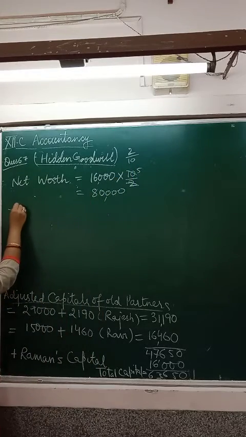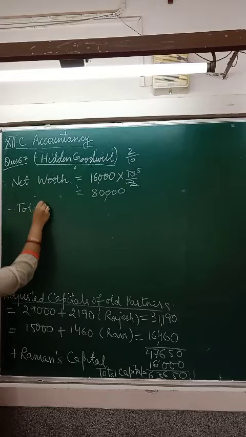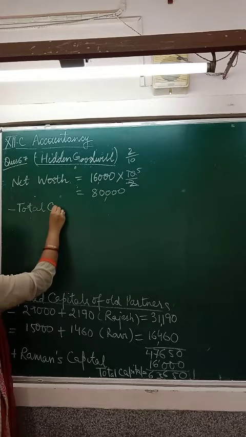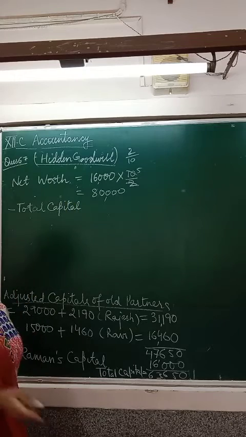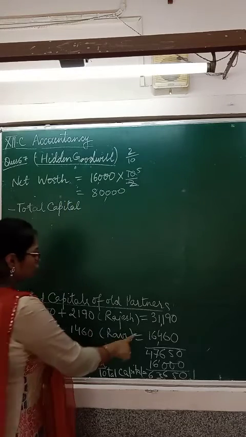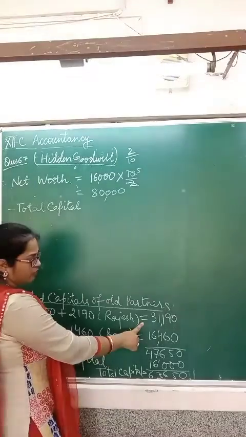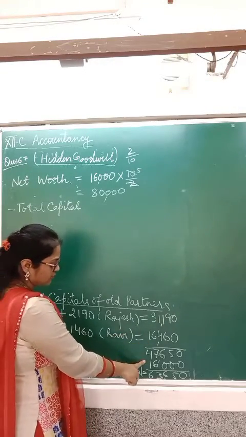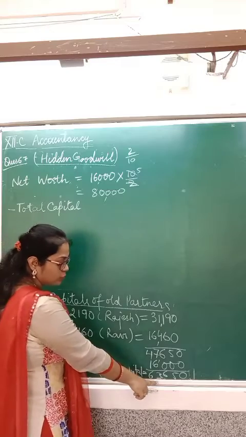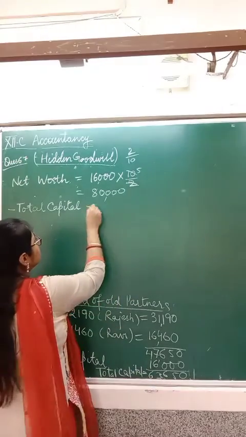Now 80,000 minus the total or combined capital of all the three partners, old plus new. So for the old partners it is 31,190 and 16,460, and for the new partner it is rupees 16,000. So the total capital of the firm is rupees 63,650.